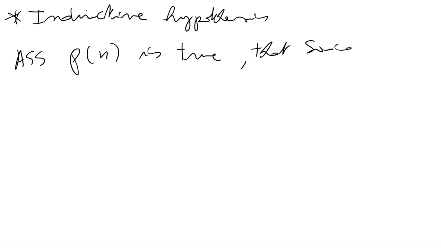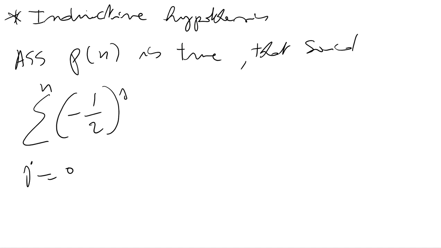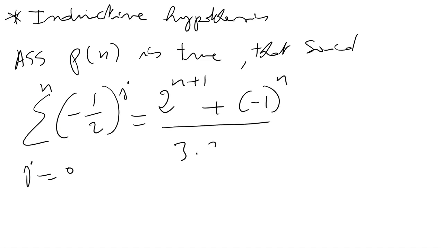That said, we assume that the summation from g equal to 0 up to n of negative 1 over 2 to the g equals 2 to the n plus 1 plus negative 1 to the n over 3 times 2 to the n. So we assume this to be true, and this is the inductive hypothesis.